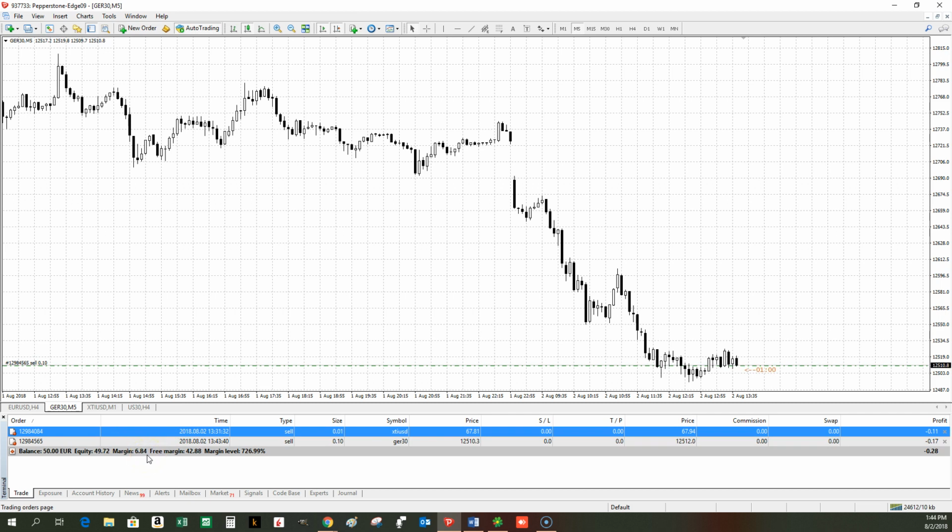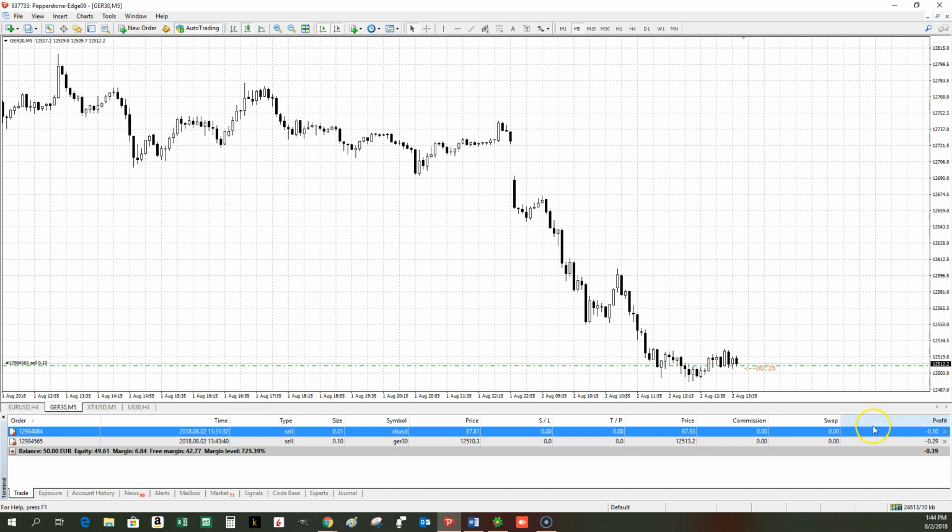So 6.84 euro minus 0.58 euro means that on the Razor account, when we open 0.10 lots on the Germany, on the DAX, we have a margin of 6.26 euro. This is the only margin that we have. It's very, very small, very tight margin.